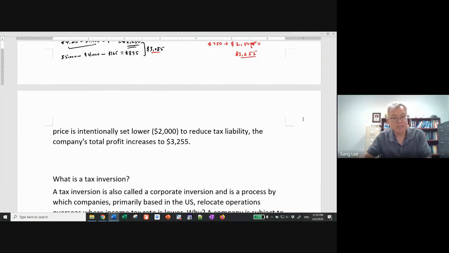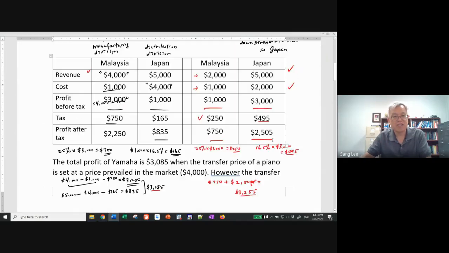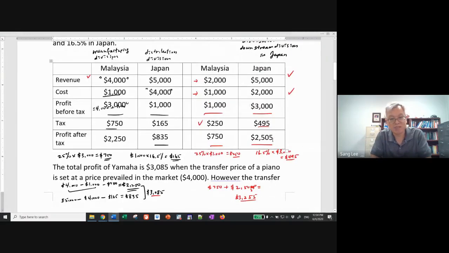In this example, indeed, if two countries had exactly the same income tax rate, then Yamaha will end up making exactly the same amount of profit, regardless of the transfer price. But in Malaysia, the income tax rate is 25%. In Japan, the income tax rate is only 16.5%.